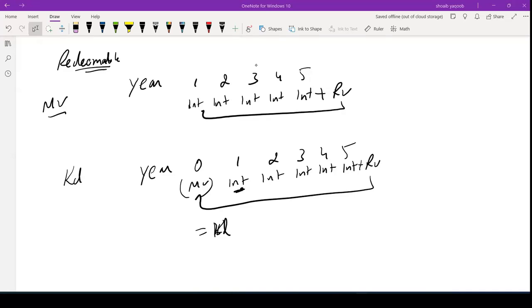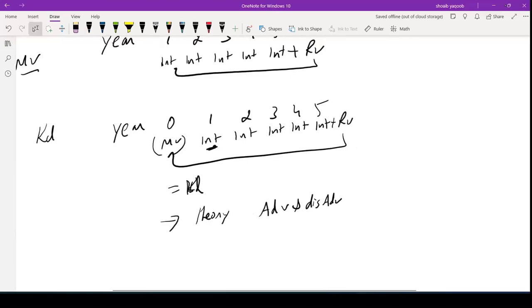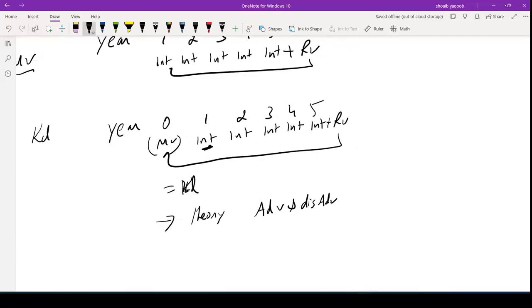In investment appraisal, examiner can ask you theory of like advantage and disadvantage. I seriously doubt that examiner can ask you the advantage and disadvantage of NPV, payback.